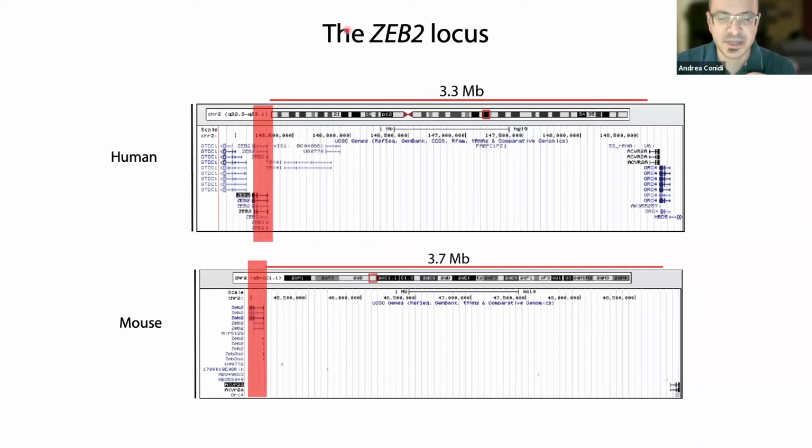So here is depicted the ZEP2 locus. Here in red, you see where ZEP2 is located on the DNA in the chromosome, in the region of chromosome 2. And you see that upstream of ZEP2 in this region here, I say upstream because the gene is translated from here in this direction. So from left to right.